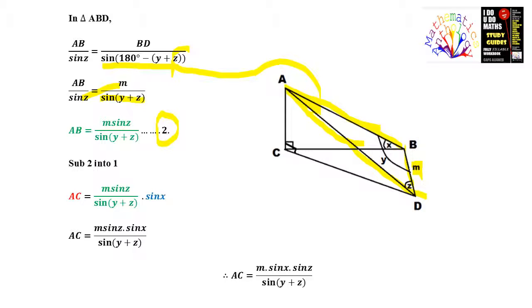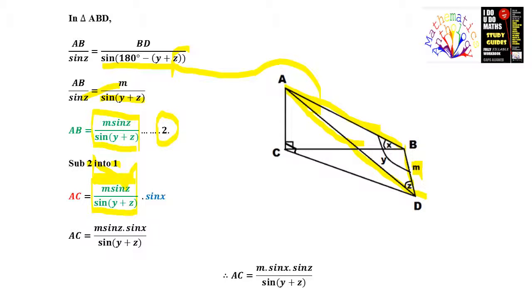Next, I will substitute equation 2 into equation 1, which means wherever I see AB in equation 1, I will not write AB anymore. I will write this. I will write M sine Z over sine Y plus Z, because that is AB. So into equation 1, I'm replacing the AB here with my equation 2 here.